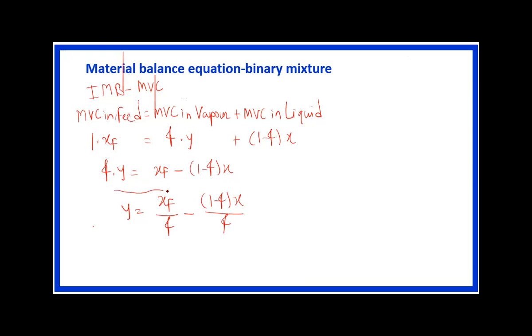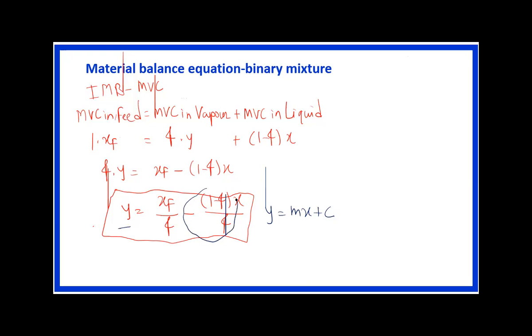So this is the material balance equation or operating line equation for the flash distillation or equilibrium distillation. If you compare this equation with the equation of straight line, that is y equal to mx plus c, then you can understand this is y, this is mx.